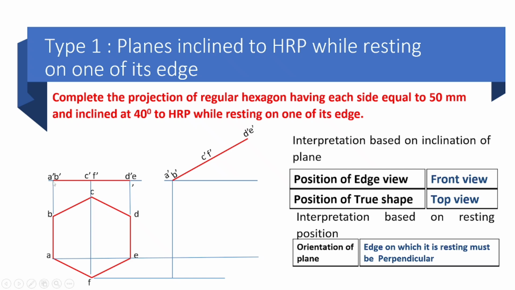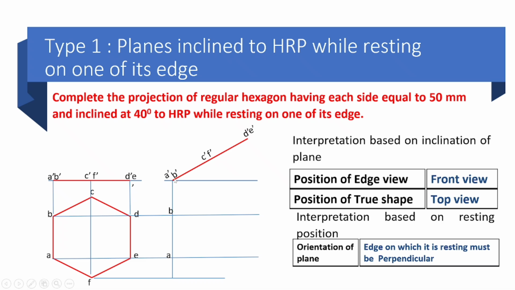Please note, we have discussed when plane is parallel, then only we can get the true shape, and when the plane is inclined, the shape will be the apparent shape. So here it may not be a regular hexagon when the plane is inclined in top view. So transfer the points, project this point A from front view, project this point A from the top view, wherever is the intersection, name this as point A, and repeat the same process for all other points.